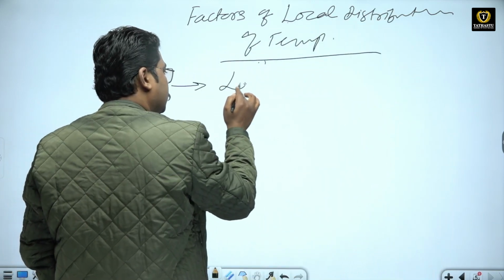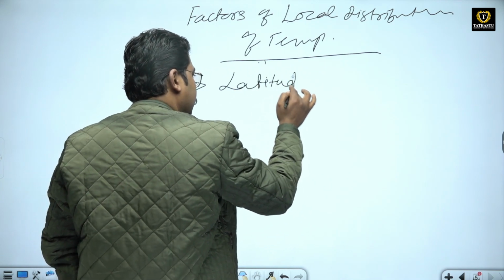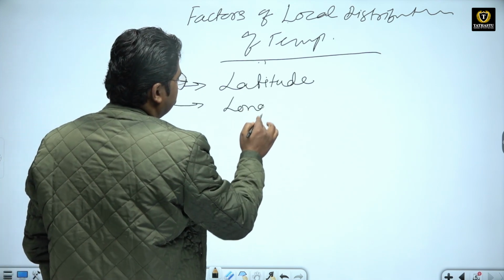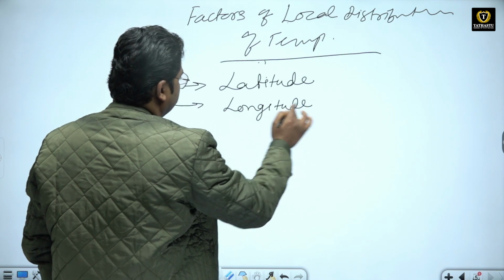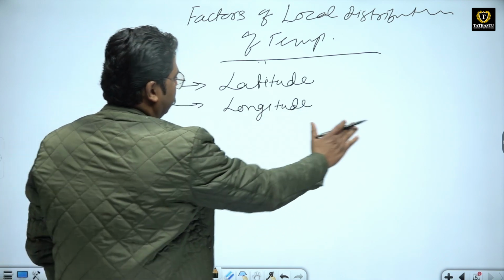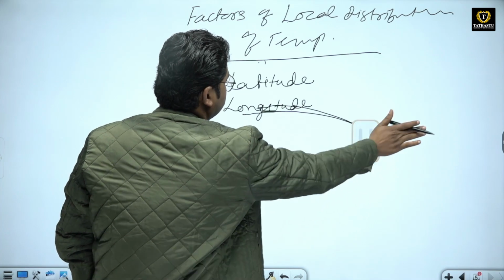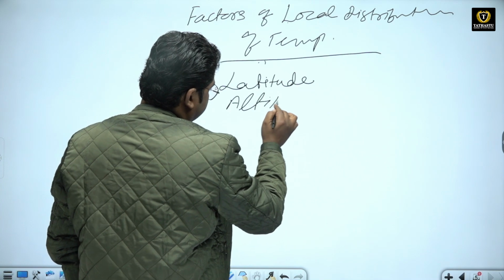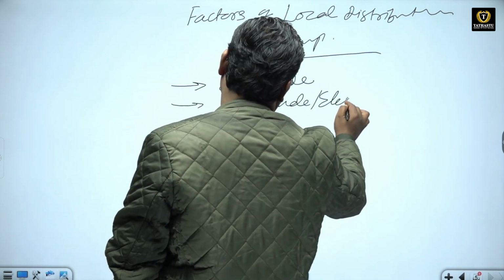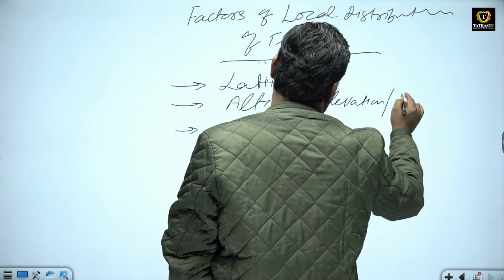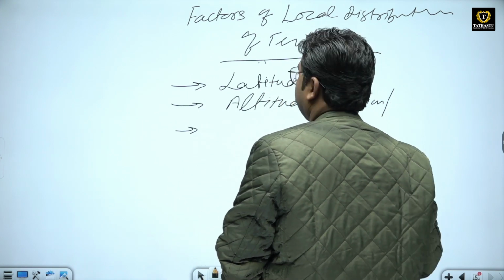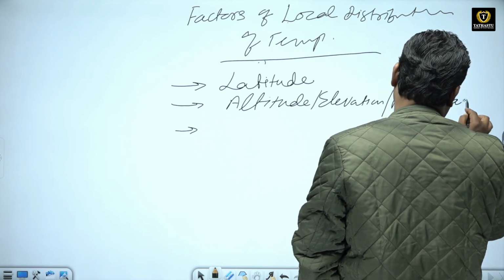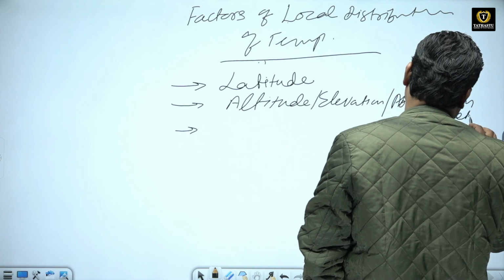So as we saw, the first one is latitude, then the second one is longitude, the third one, sorry, not the longitude, latitude, altitude, or you can say elevation or height above mean sea level.